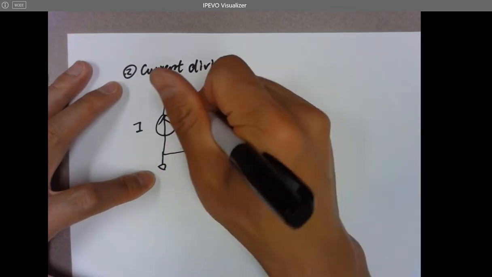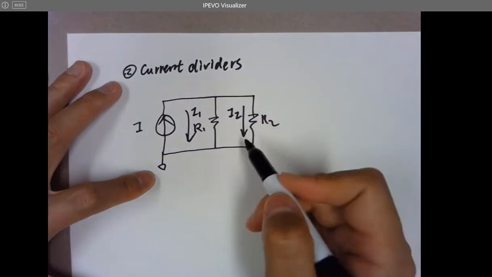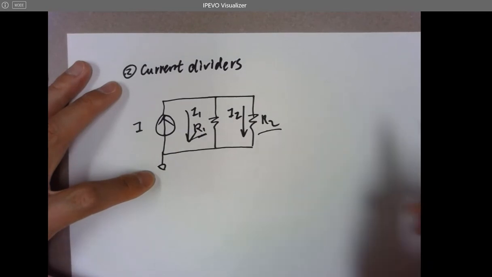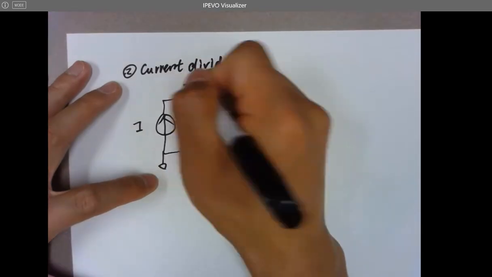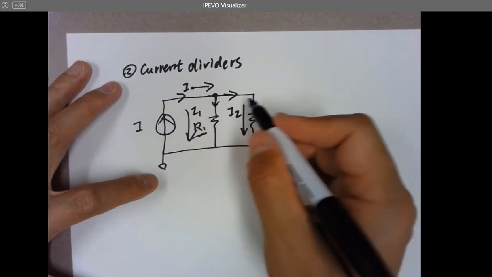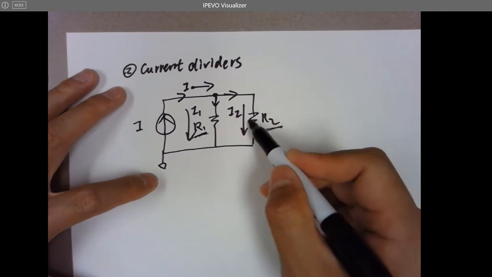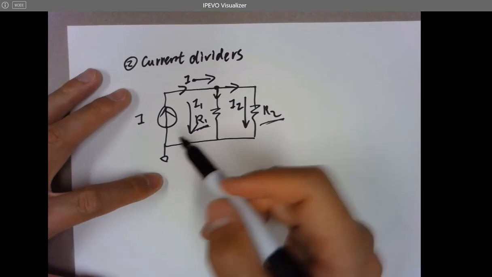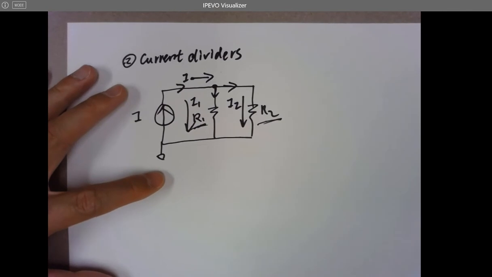The current flowing through R1 is going to be I1, and the current flowing through R2 will be I2, because they are in different branches, so they have different currents. Only when the two resistors are equal do they get the same share of the overall current flowing into this node and being split into two branches. Only when you have two equal resistors does I1 equal I2. However, that doesn't always happen, right? So now let's look at how you derive the equation for the current divider.